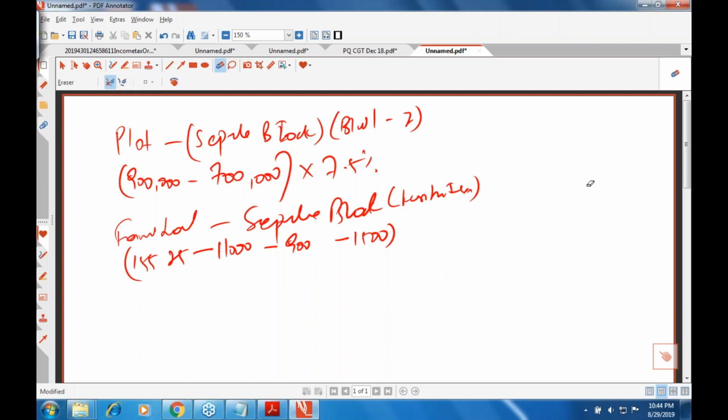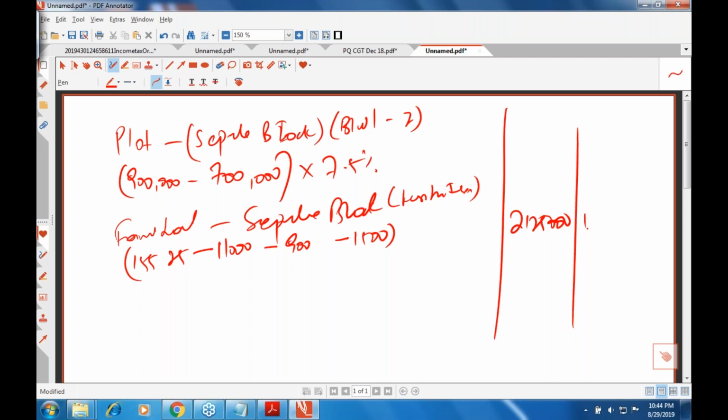And the tax on it is going to be on 2,125,000. The tax on it is going to be 10%. Here it's basically 200,000. The tax on it is 7.5%.